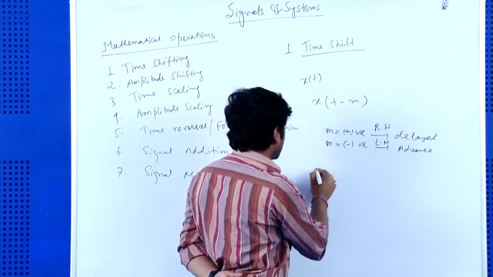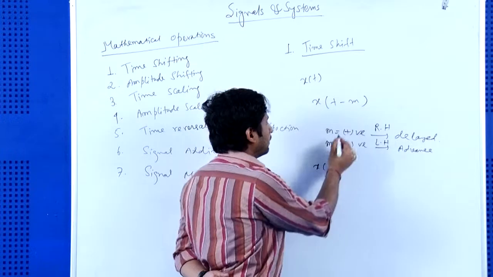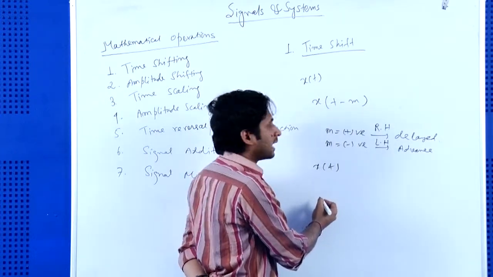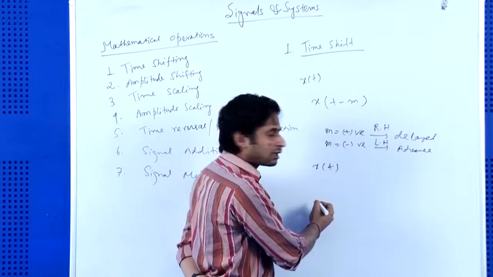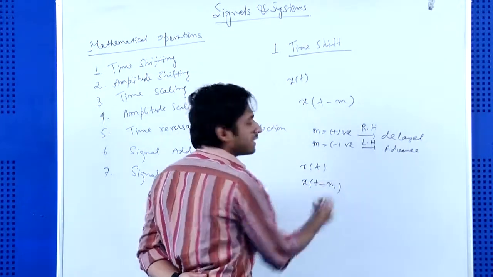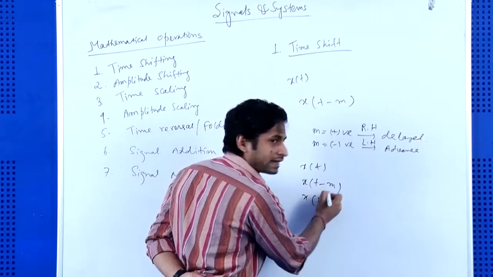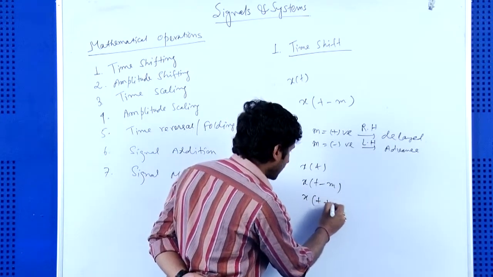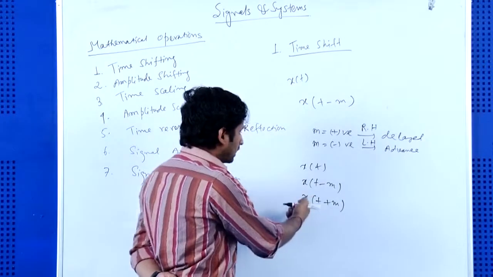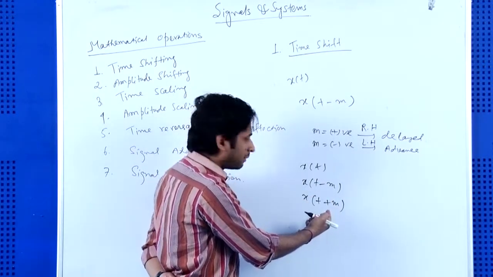So, in both cases, x(t) is the original signal. If m is positive there is a shift to the right hand side, so it is the delayed version of the signal, x(t - m). If m is negative, then it is plus, since x(t - (-m)) means the sign of m is negative.